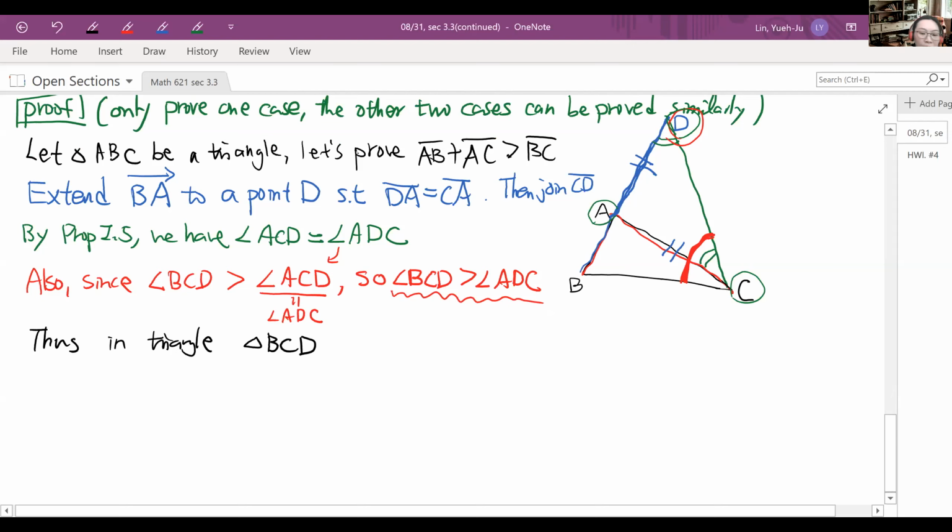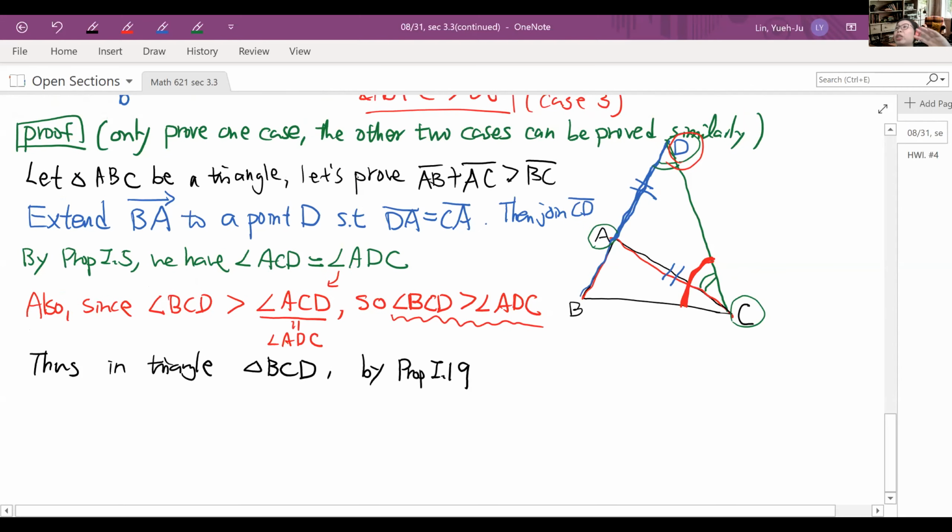In triangle BCD, we use proposition 1.19, so let me remind you what 1.19 is. It tells you that within a triangle, the bigger angle corresponds to a bigger opposite side, and vice versa is the other proposition. So if in a triangle you have a bigger angle, the corresponding side should also be bigger.